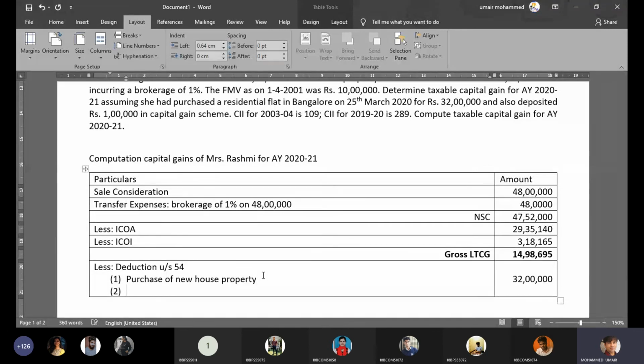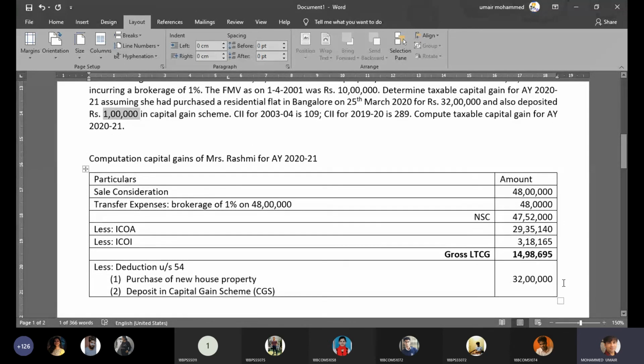And she has also deposited in the capital gain scheme. How much? She also deposited 1 lakh in capital gain scheme.